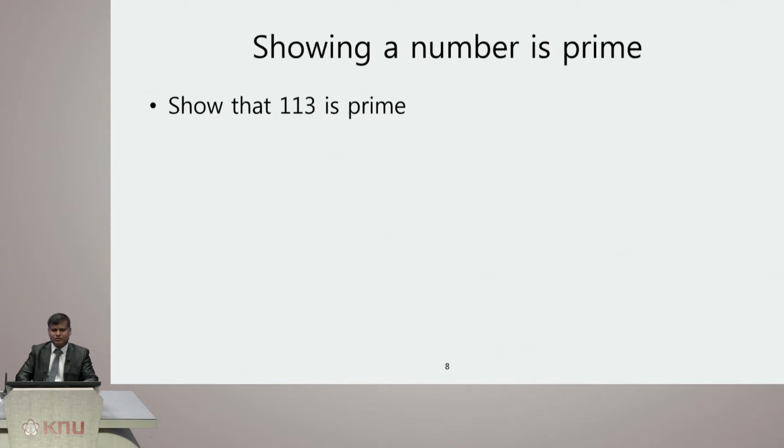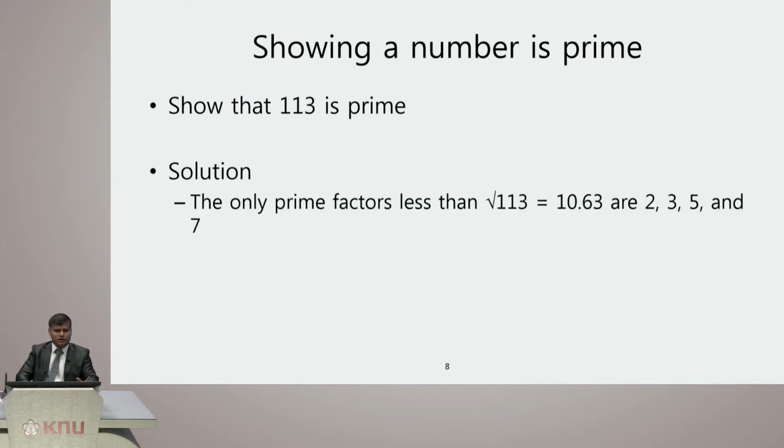Let's see this example, showing a number is prime. Show that 113 is prime. In order to show this, the only prime factors less than the root of 113 are 2, 3, 5 and 7. Just take the root of n.